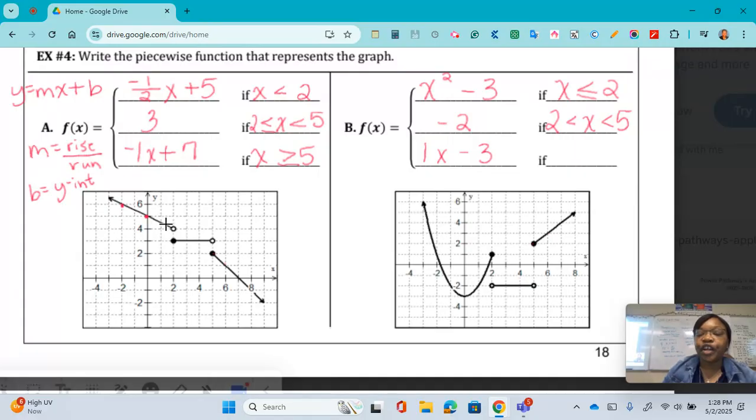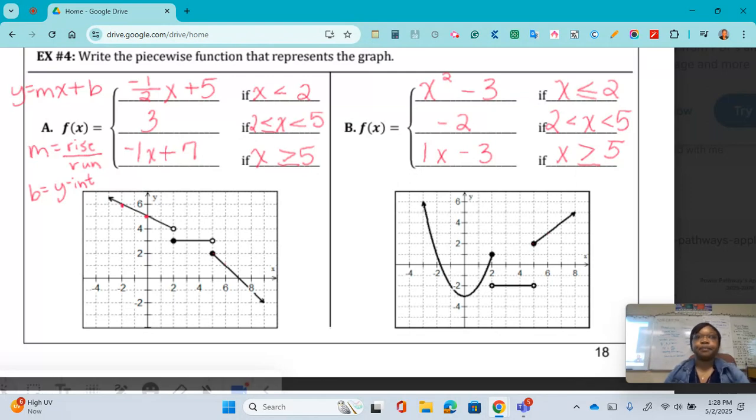And this is for x values that are greater than or less than, if it's going to the right? Greater than. X values that are greater than what x value? 5. Will I have a line under my inequality? Yes, because it is a closed circle.